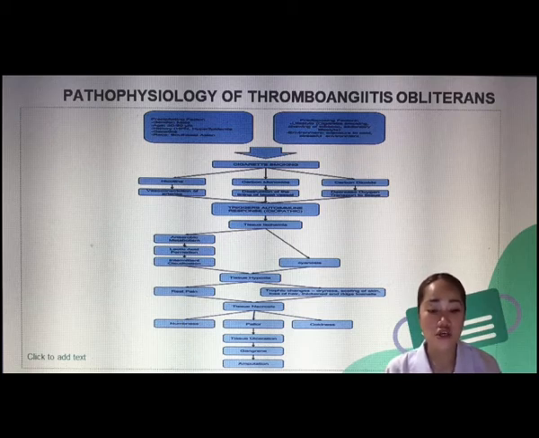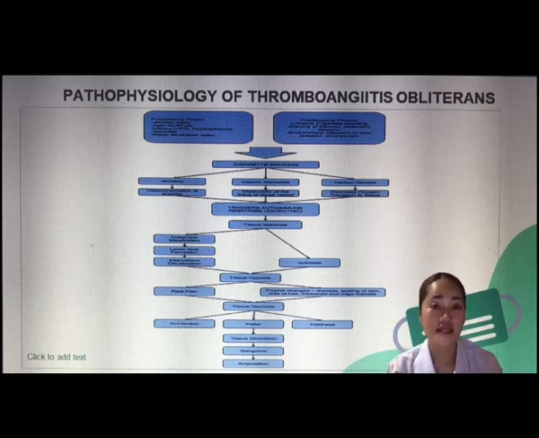Tissue necrosis can lead to numbness, pallor, in which the skin is pale, and coldness. This can lead to tissue ulceration, which can lead to gangrene, in which a patient with gangrene is at risk of amputation.